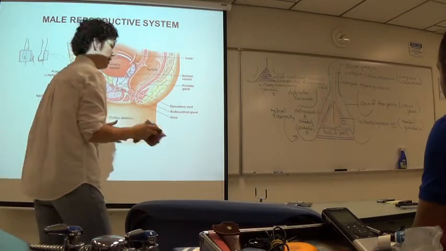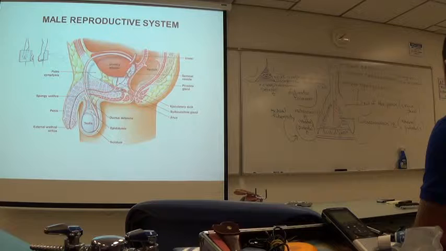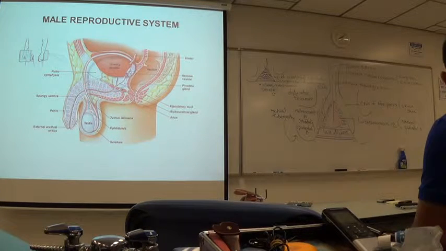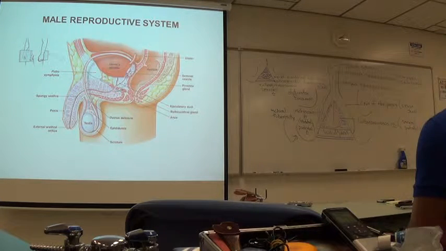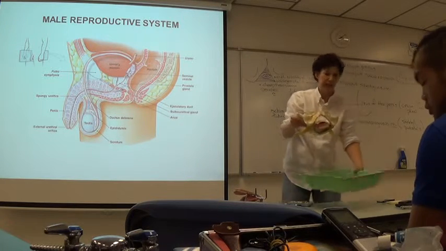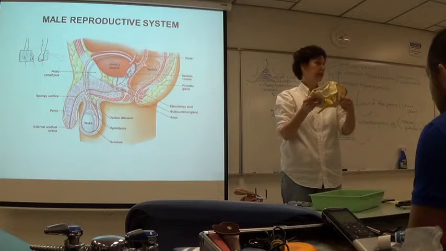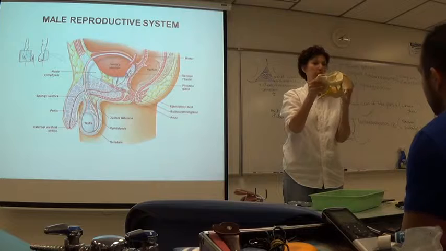Okay, so let me get a pelvis out here. We have this model we looked at last semester. These are ligaments that help to close off the sciatic notch, greater sciatic notch and lesser sciatic notch.